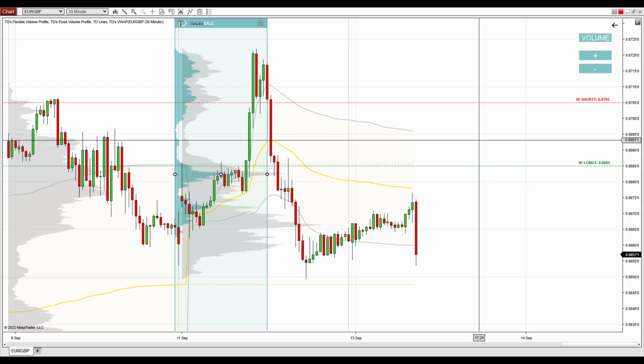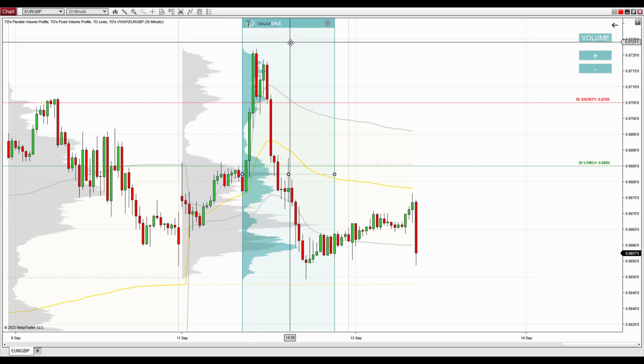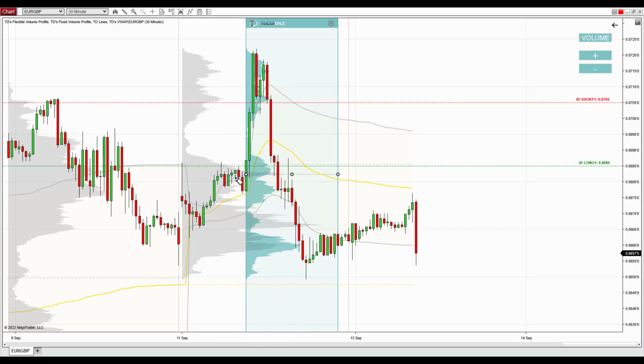What I want to show you next is a new strong resistance on the Euro British Pound, and that resistance is based on a rejection setup, and it is based on this strong rejection that occurred yesterday. This is a strong rejection of higher prices, and what you want to see in such a rejection is a significant volume zone.